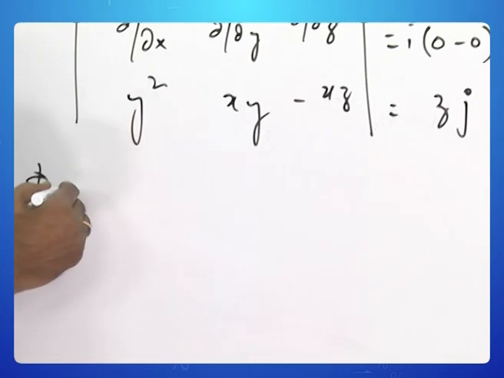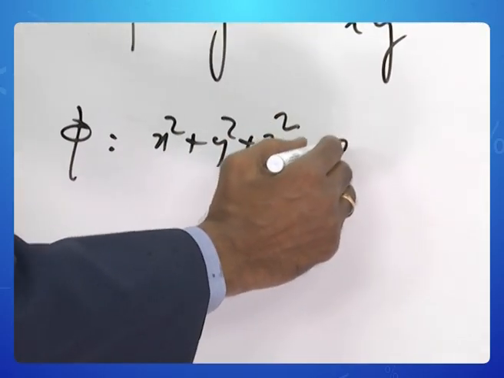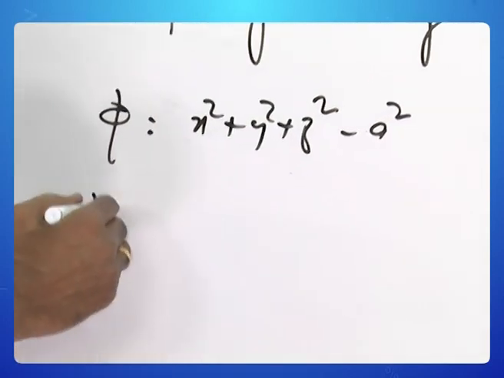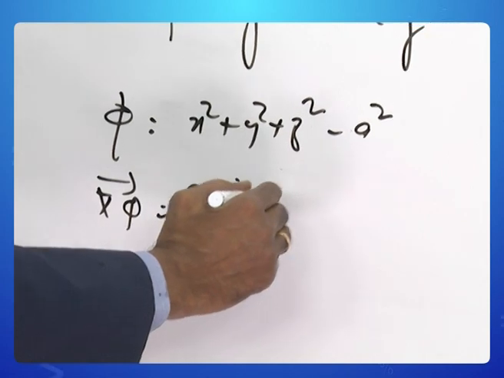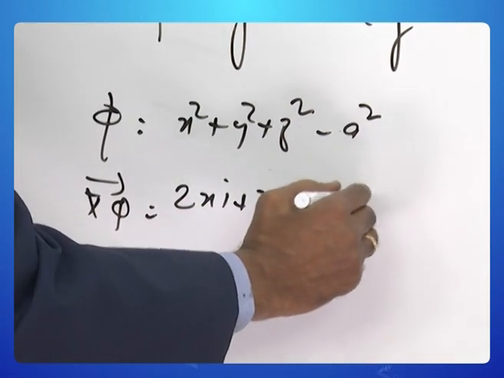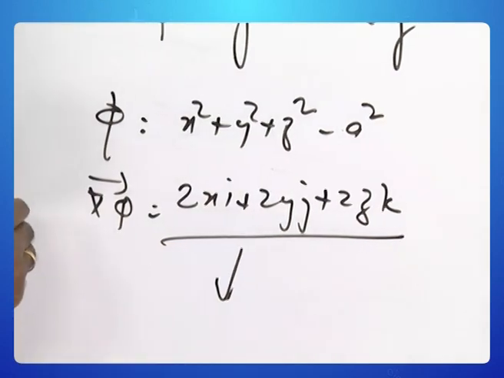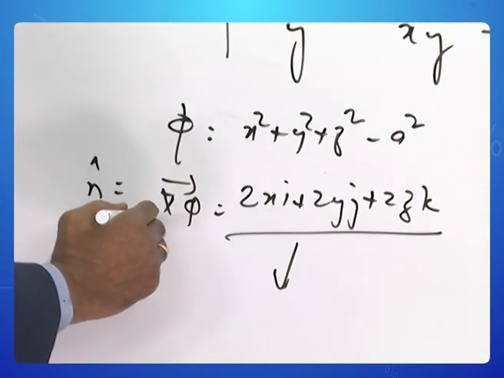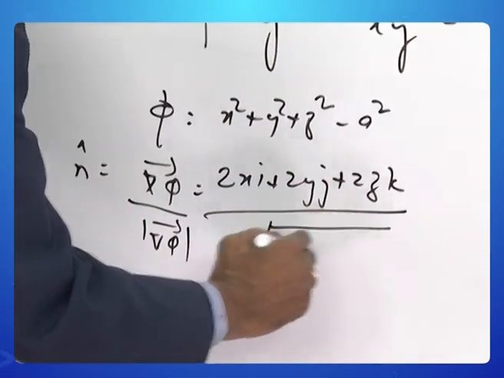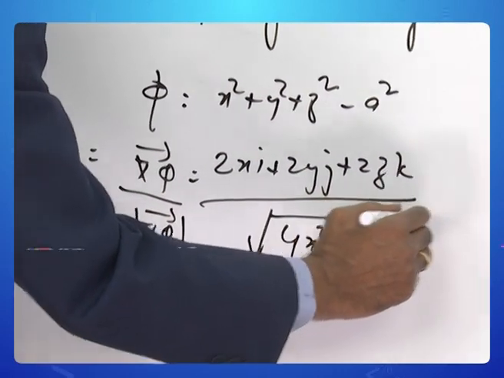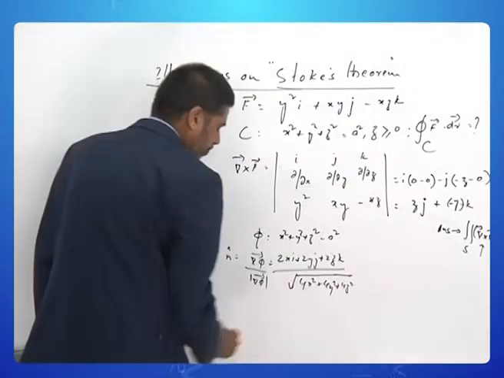So suppose you take phi as x squared plus y squared plus z squared minus a squared, then del phi would be 2x i plus 2y j plus 2z k, divided by the magnitude, square root of 4x squared plus 4y squared plus 4z squared, if we take n cap directly.